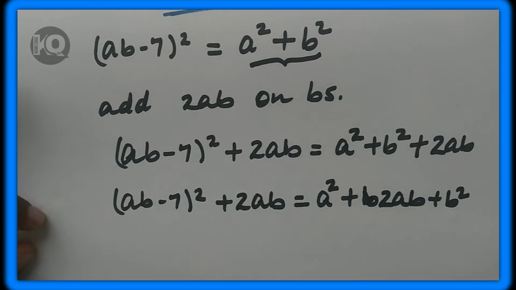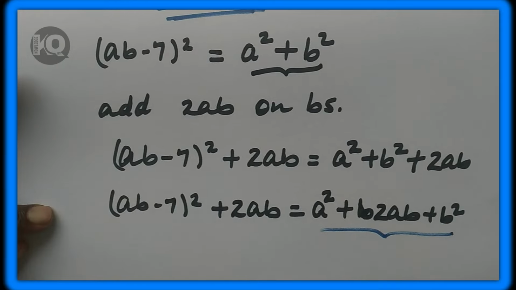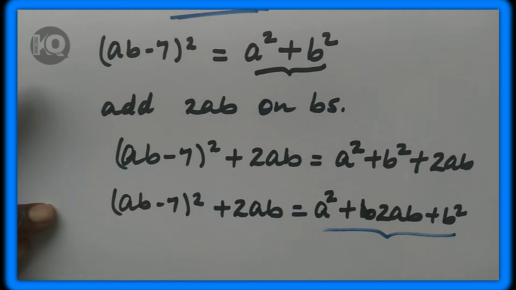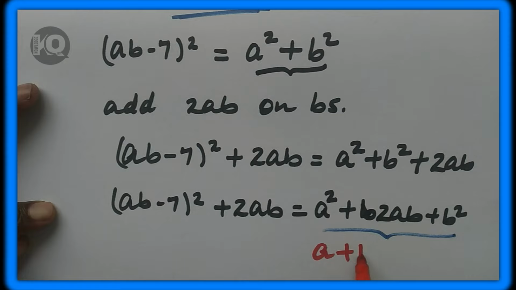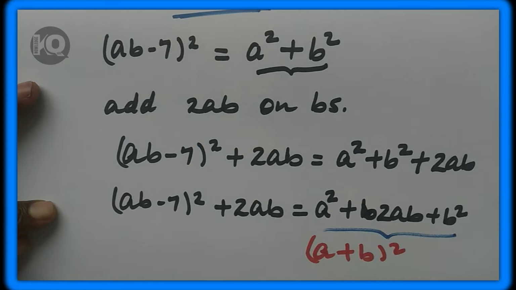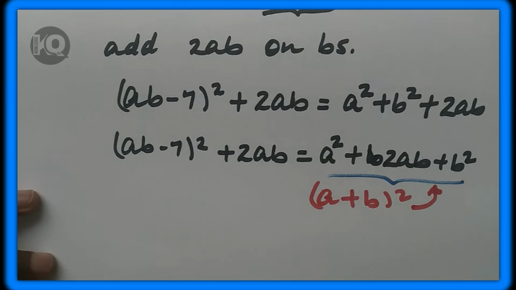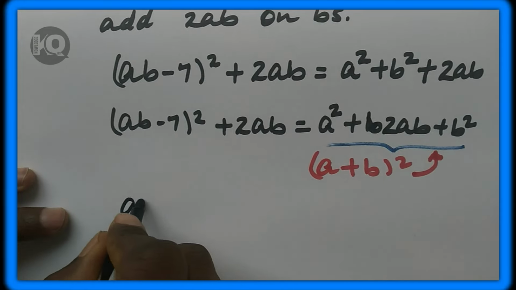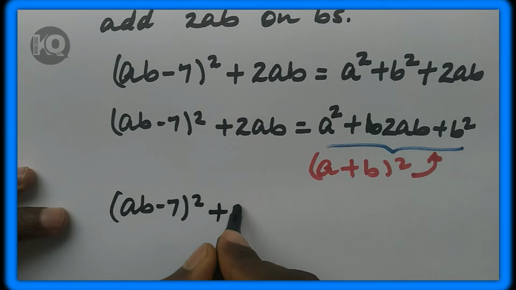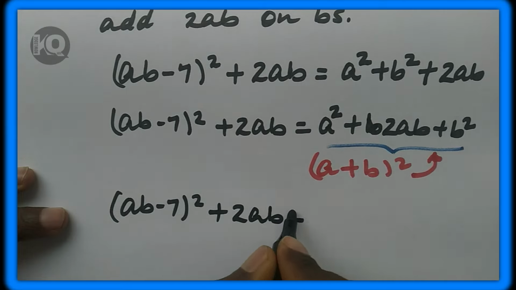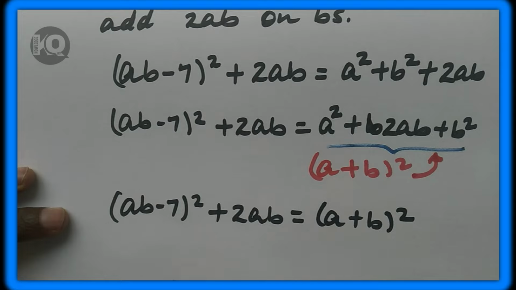So the expression here is in the form of (a + b)². So now it will be (ab − 7)² + 2ab, which is equal to (a + b)².